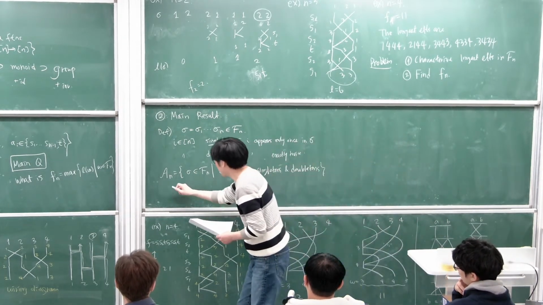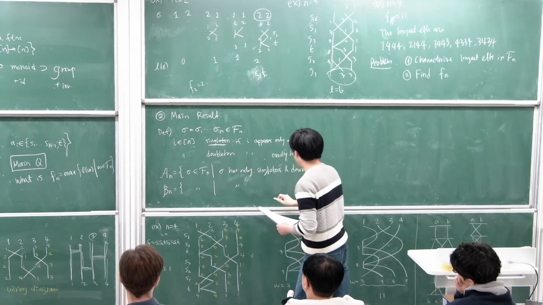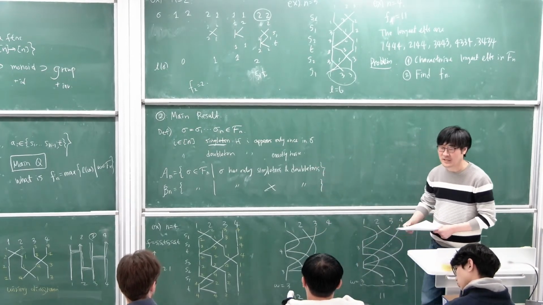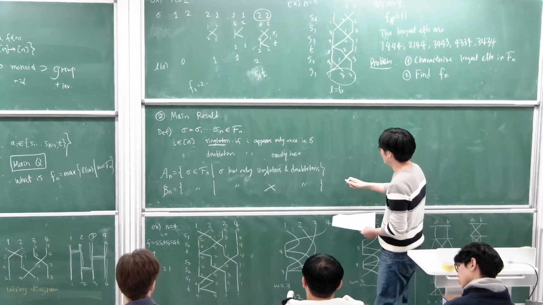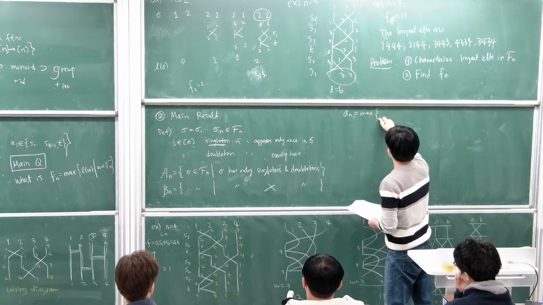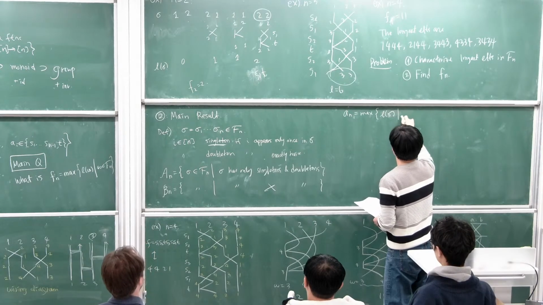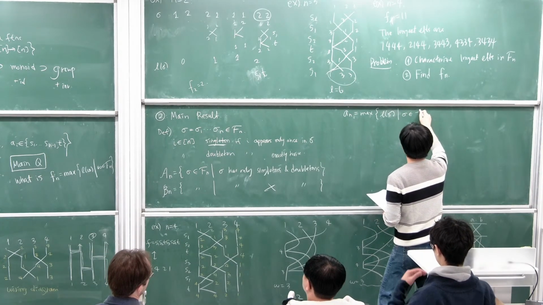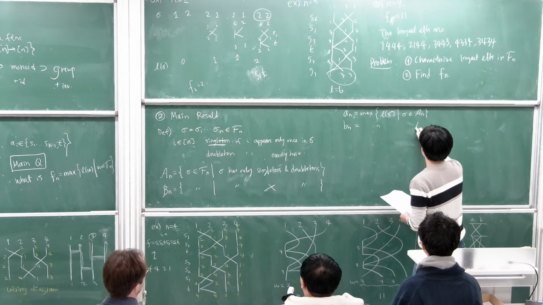And B_n is doubletons only. So n must be an even integer. A_n and B_n are defined the same way: the maximum length of the functions that have only doubletons and singletons, and B_n, okay?